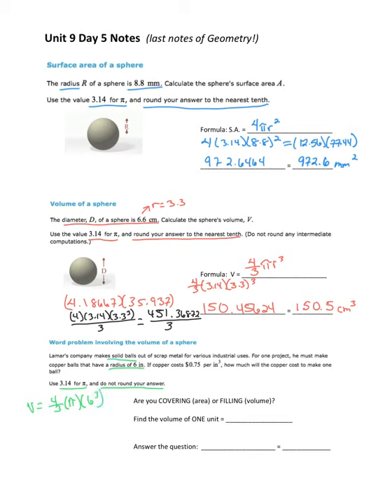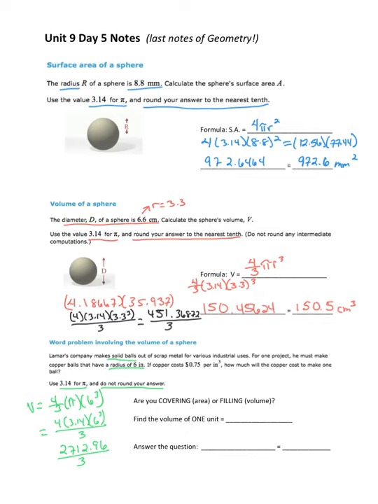Okay? So I'm going to do it the way I did up there. 4 times 3.14 times 6 cubed over 3. 4 times 3.14 times 6 cubed, and that is 2712.96. Divide that by 3.